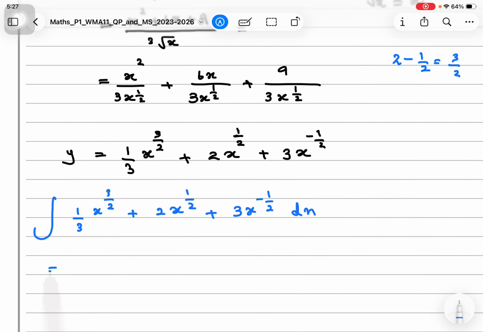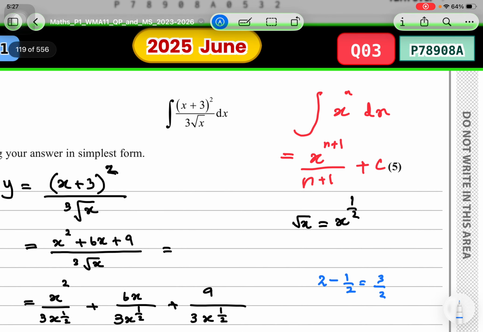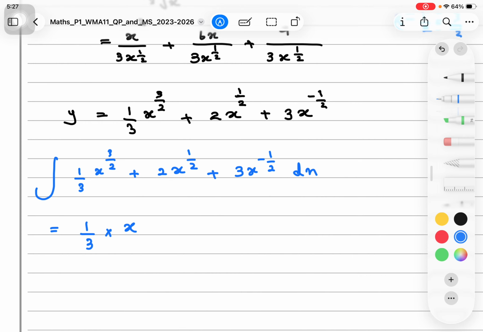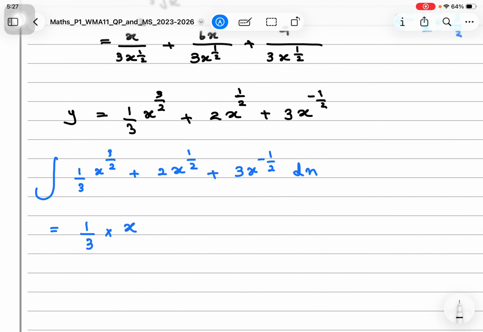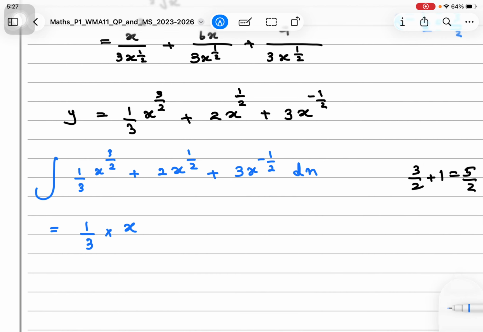This is our question now. According to our base theory written in red, it will always be plus 1 to the power. So this would be 3 over 2 plus 1, so it's going to be 5 over 2. We will have the addition for all the powers.